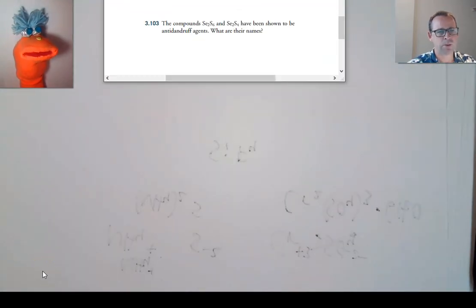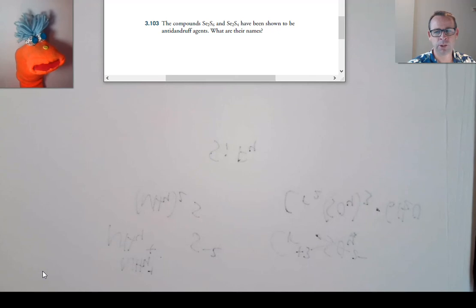Okay, last one. 2 compounds here. This is what you can use for anti-dandruff agents. What are their names? Let's see. Se. What element is that? That's element 34. Oh, yeah, selenium. And S is sulfur, right? That's right. So selenium sulfide?